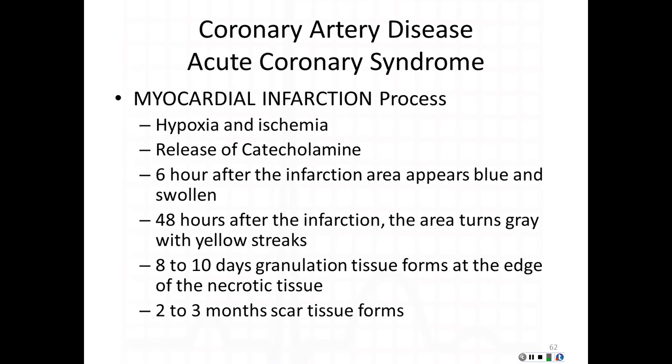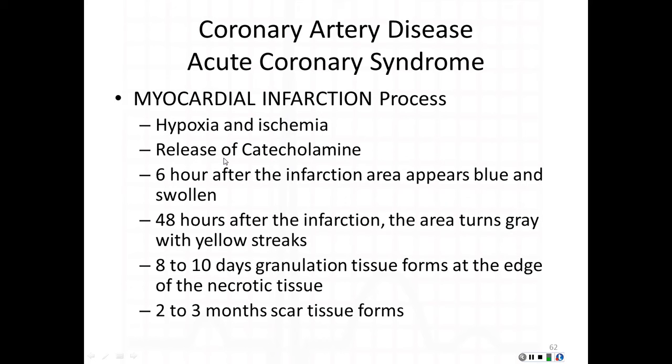So when we look at this whole myocardial process, we've kind of talked about this. Initially, there's hypoxemia and ischemia going on. There's that lack of oxygen getting to the myocardium. That demand is greater than the supply of oxygen. And when this begins to happen because of the damage, you get the release of catecholamines.